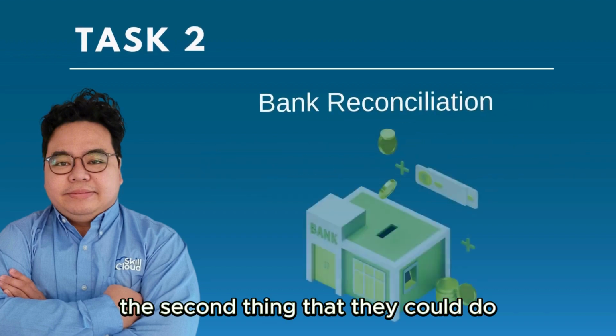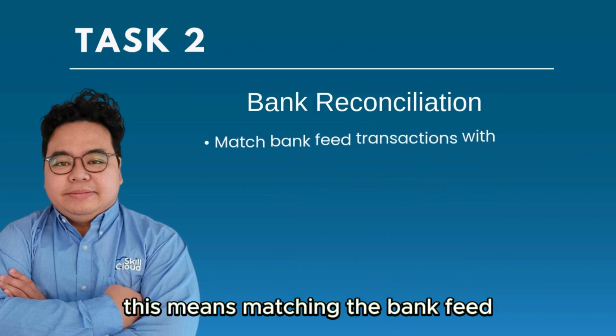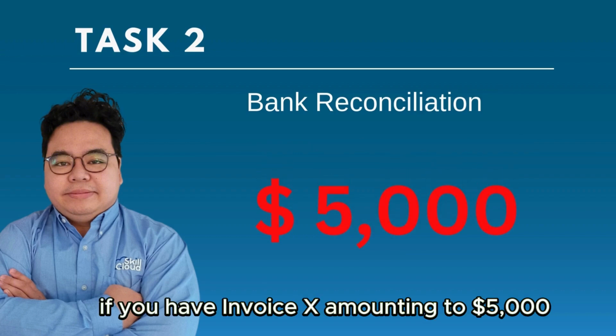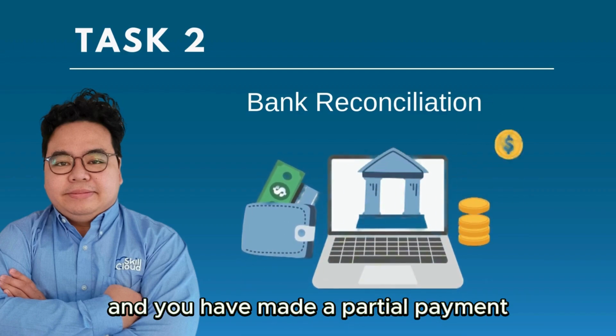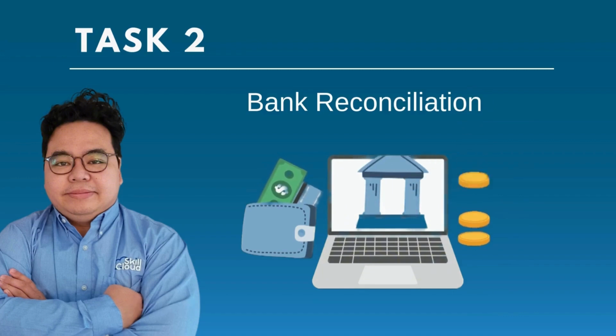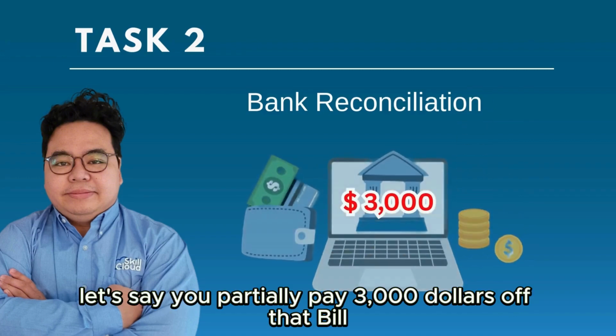The second thing that they could do is bank reconciliation. This means matching the bank feed with the bills that you have to pay. If you have invoice X amounting to $5,000 and you have made a partial payment, your bank feed should reflect that. Let's say you partially pay $3,000 off that bill.